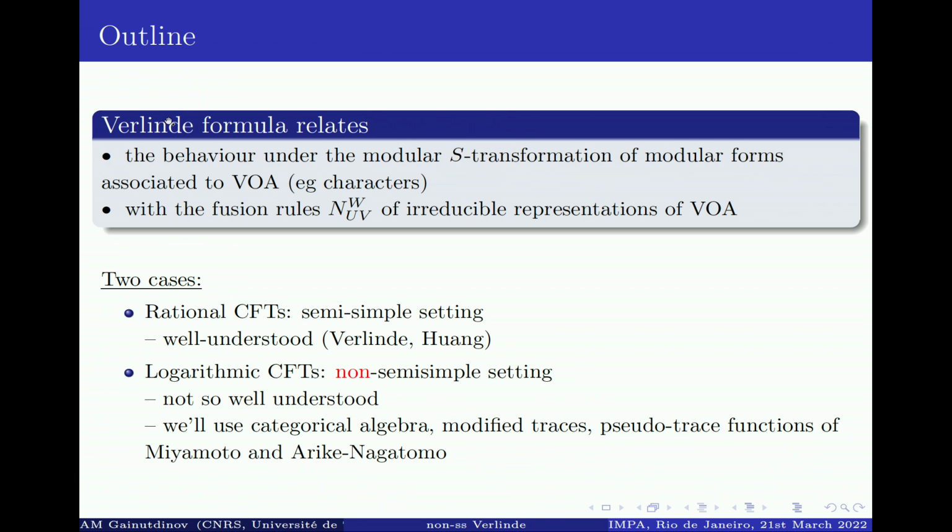And I will use certain categorical algebra and a certain theory of traces on tensor categories called modified traces, which have recently attracted attention also in quantum topology. People like them. I will also use the notion of pseudo-trace functions introduced by Miyamoto, Arike, and Nagatomo, and we will mix all these to derive a certain version of this logarithmic Verlinde formula.